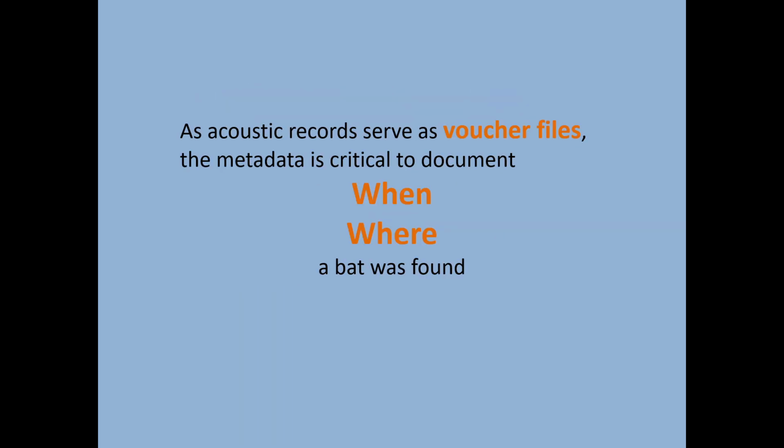Again, keep in mind your acoustic records are voucher files, just like a specimen of a plant pressed in a national herbarium or a bat skeleton, skull, and skin in a local museum. It is the voucher that documents critical information on when and where that bat was found.